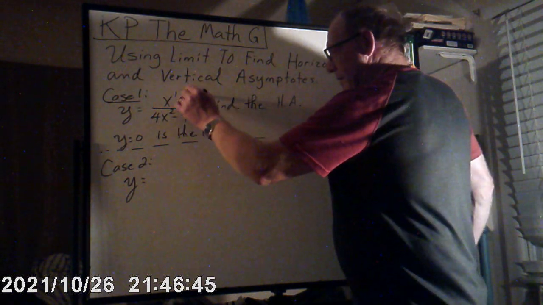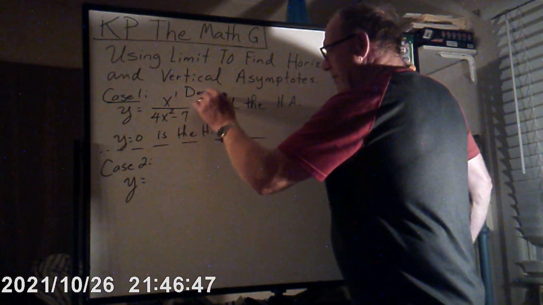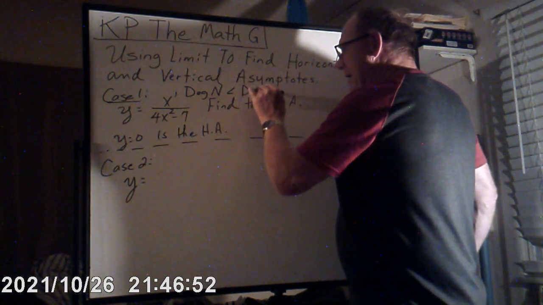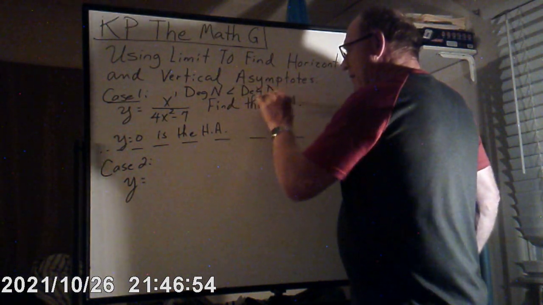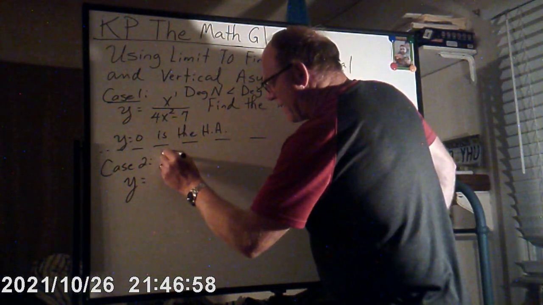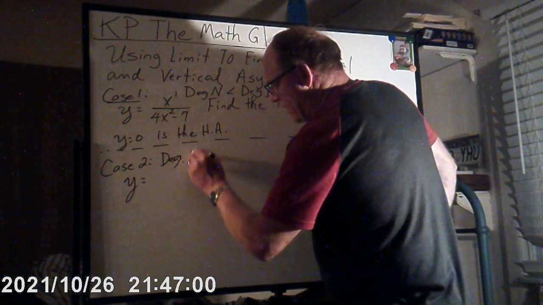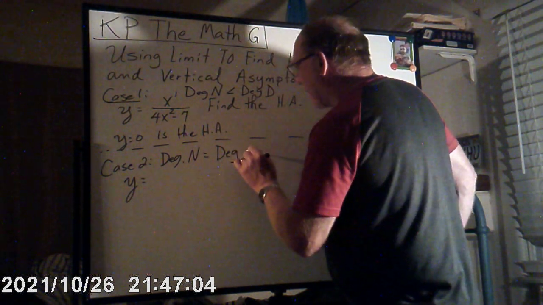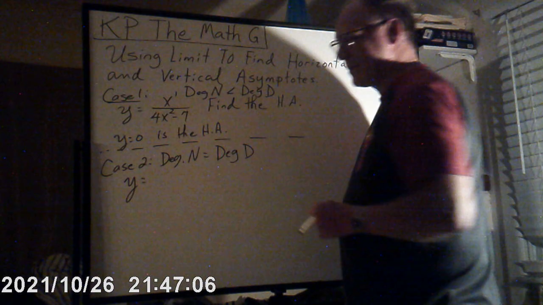Here we go again. In the last case, the degree of the numerator was less than the degree of the denominator. In this case, the degree of the numerator is going to equal the degree of the denominator.